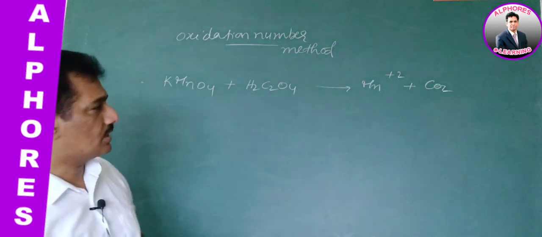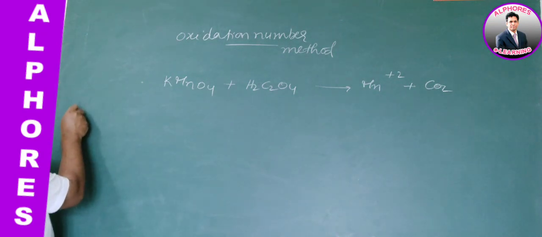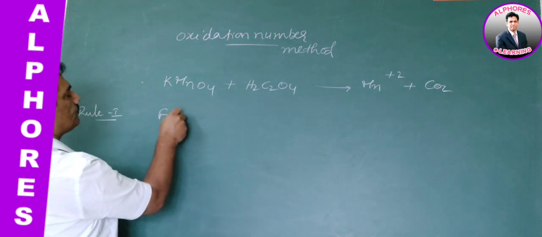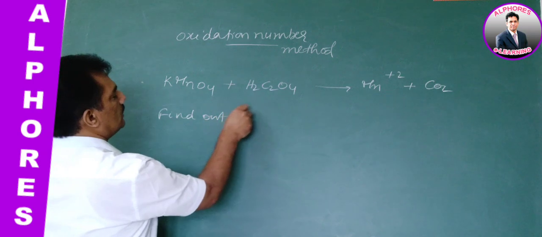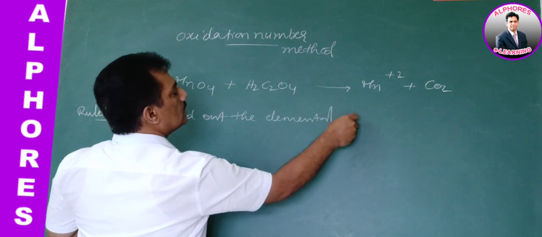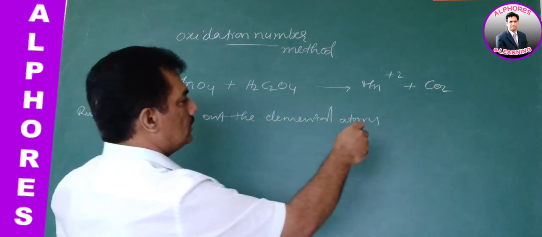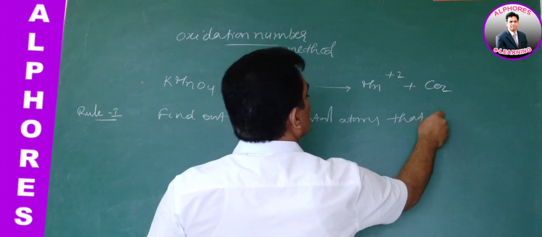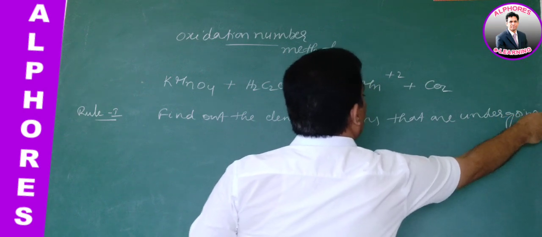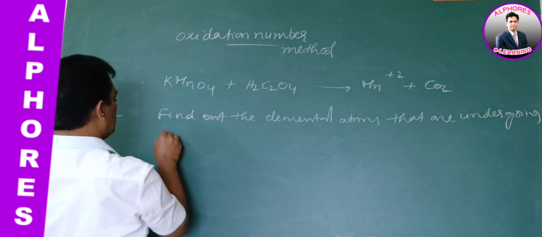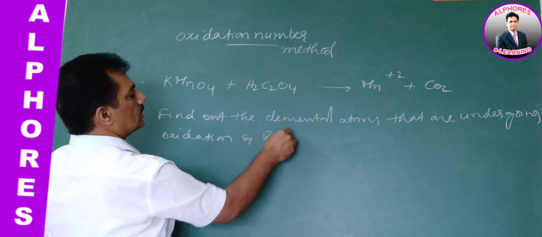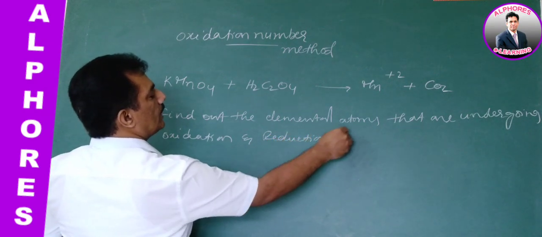And what are the rules? Let us consider. Rule 1: first find out the elemental atoms that are undergoing oxidation and reduction reactions.